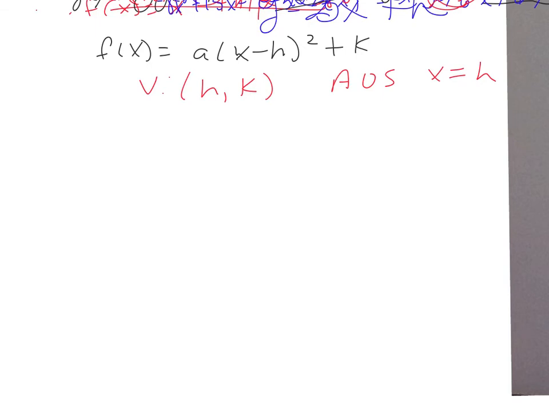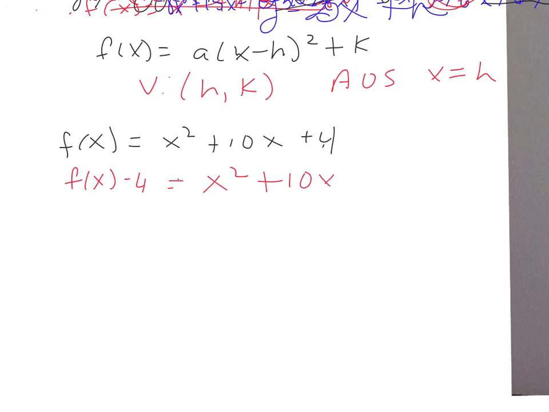All right, so I have f of x is equal to x squared plus 10x plus 4. All right, so this is nice. My leading coefficient is a 1, so I don't have to divide everything. So I'm going to minus 4. F of x minus 4 is equal to x squared plus 10x. And then I'm going to do half.